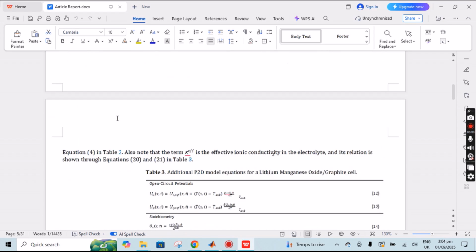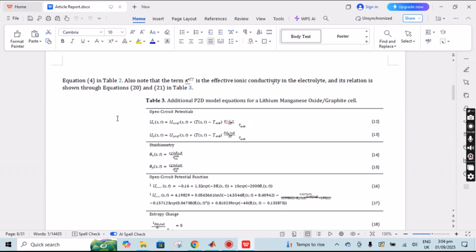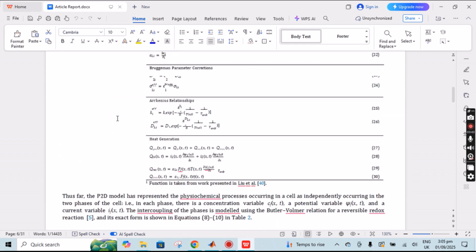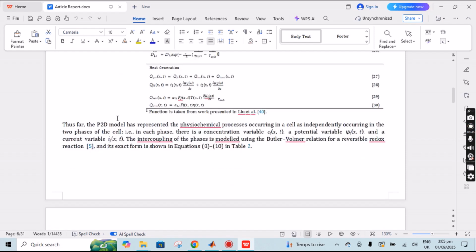After that, I have explained how these complete equations are applied to our P2D thermal lithium-ion battery. The P2D model also represents the physicochemical processes occurring in the cell as occurring independently in two phases.